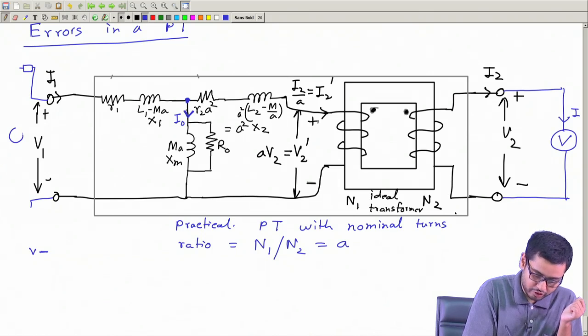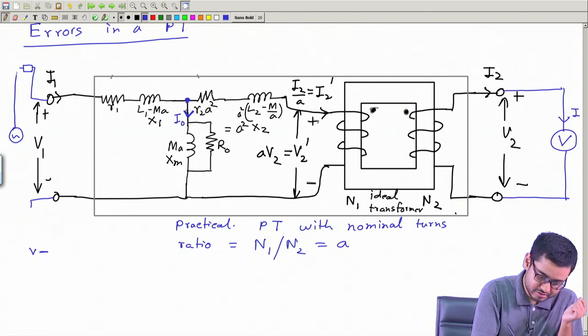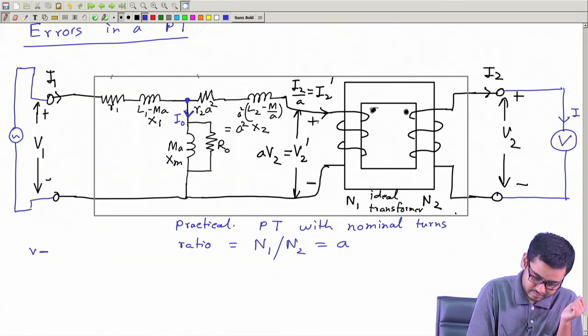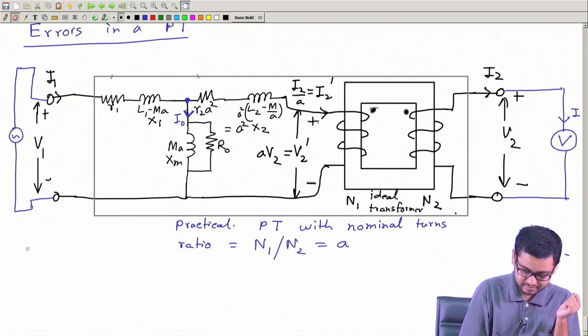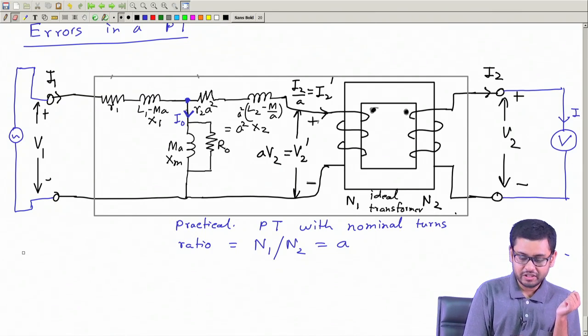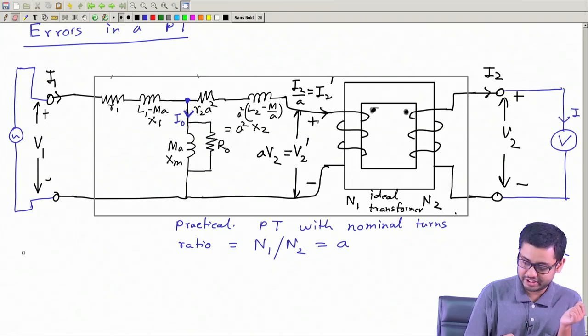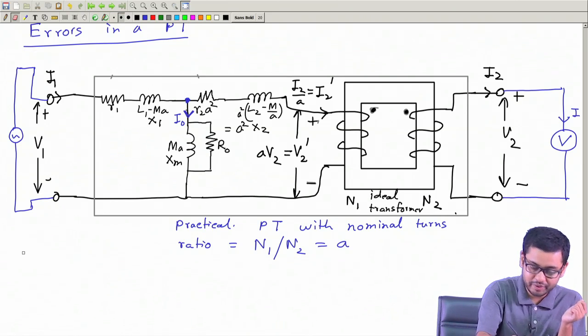So let's draw a voltage source, and this voltage is V1. Okay, so now let's do it this way. What will be the voltmeter reading?